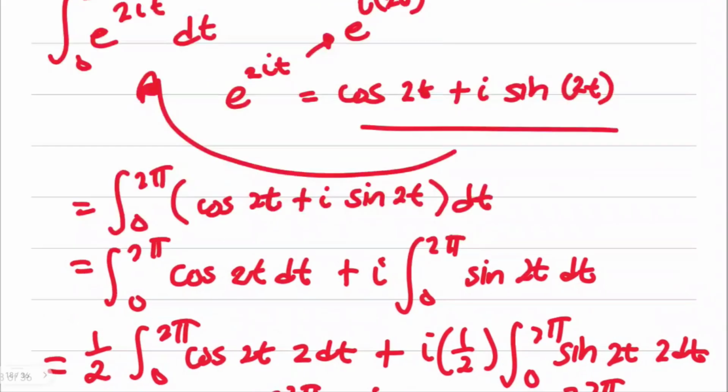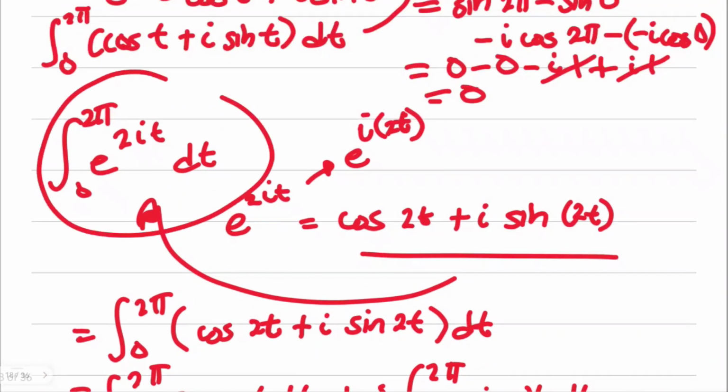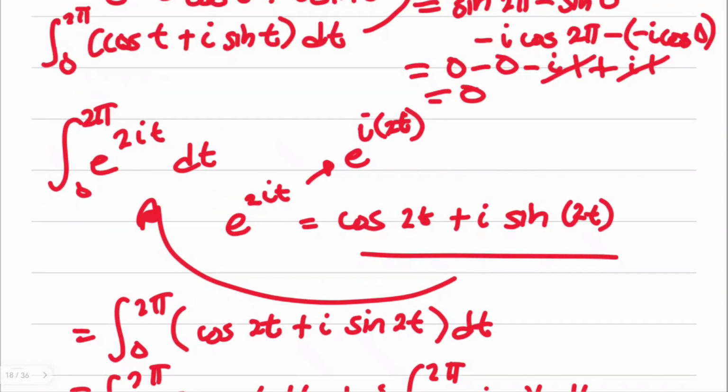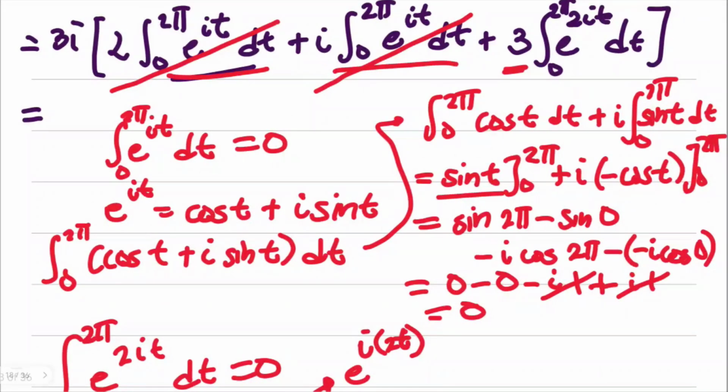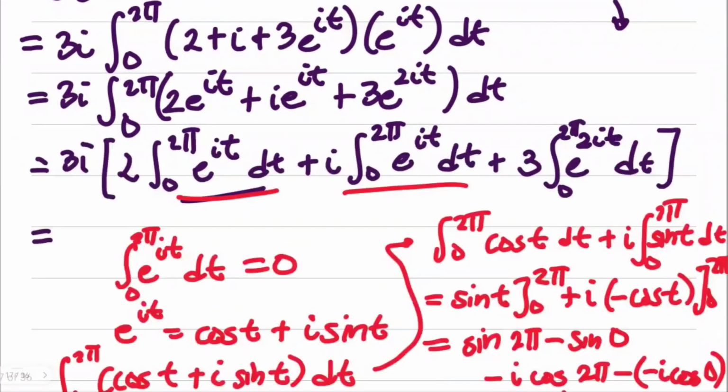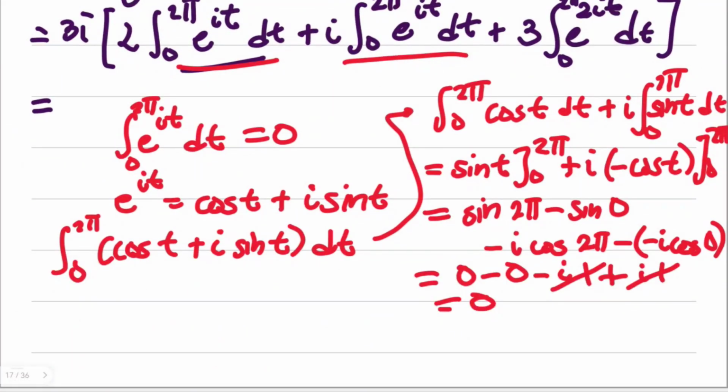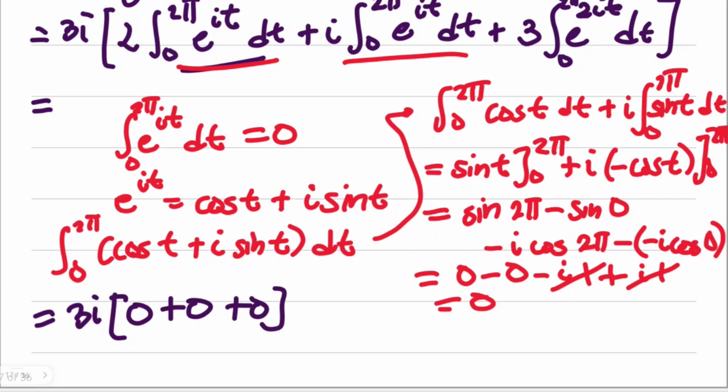In short, this entire form is also equal to 0. This is also equal to 0. So whatever would be the value of 3 times that, it's still 0. So what we have here, returning to the previous page, is the form 3i times 0 plus 0 plus 0, which would give us 3i times 0, yielding 0.